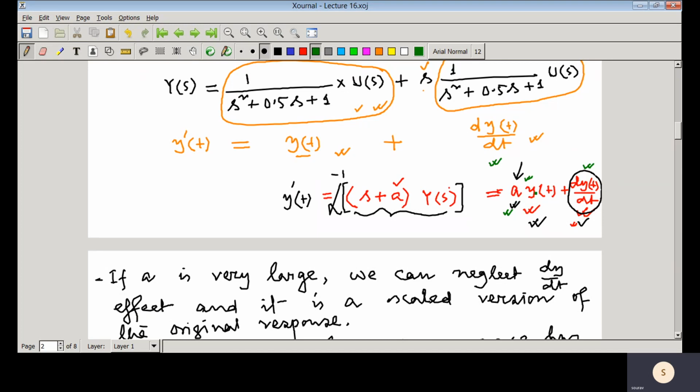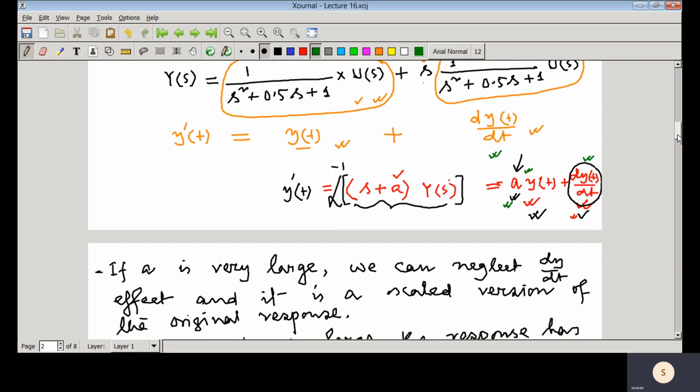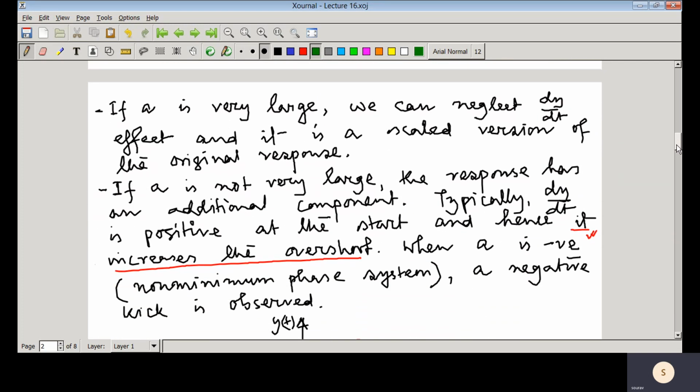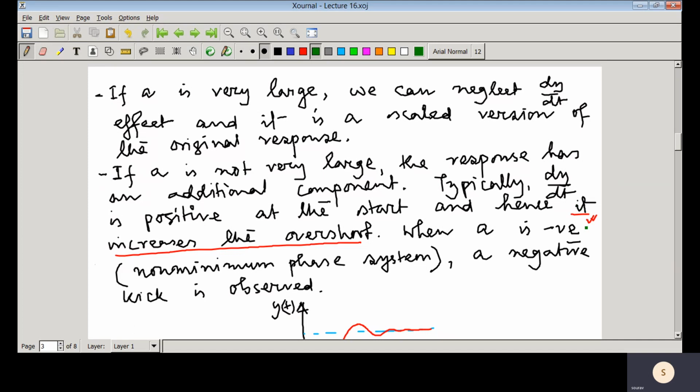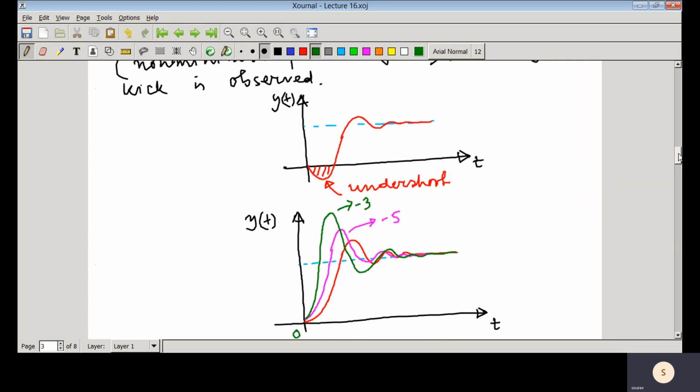But whenever a is small, that means the 0 is closer to the origin, the effect of that 0 is significant in the time response of the second order system, and whenever that 0 is moved towards the origin, the overshoot is increased. And this is the case, I can write it here, this is actually non-minimum.